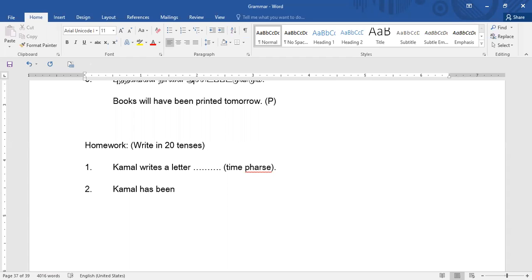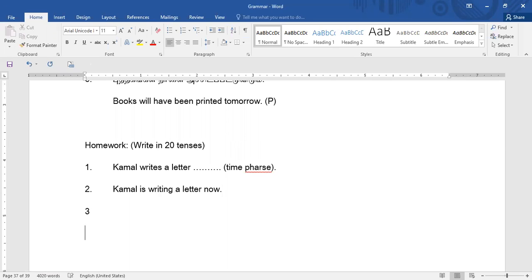I said present continuous. Kamal is writing a letter. Writing a letter. You can add now. For the time phrase, you can add now. Kamal is writing a letter now.